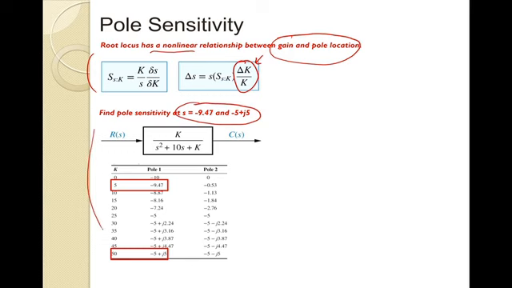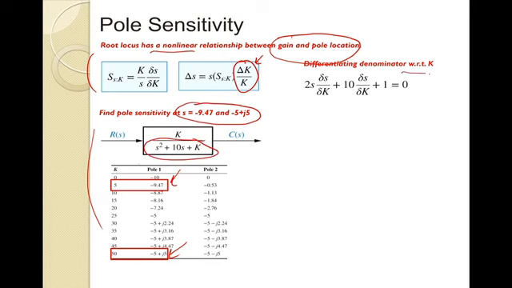As I vary my k from 0, in this case to 50, I want to look at these two pole locations that I've shown here and here. We have seen this in previous modules, so I don't want to go through and derive that. Now in terms of looking at the sensitivity here, what do we need to do? If we take the denominator here and differentiate that with regard to k, we're going to get this expression right here. Now our goal is to rearrange terms and solve for that, because that's what we're looking for right there.